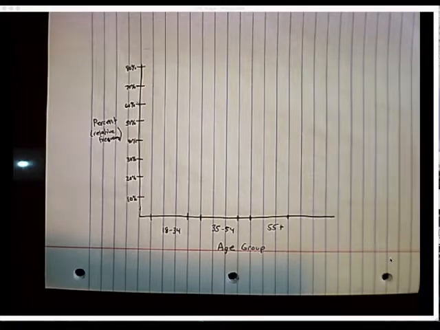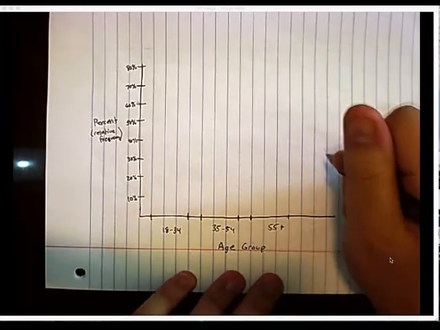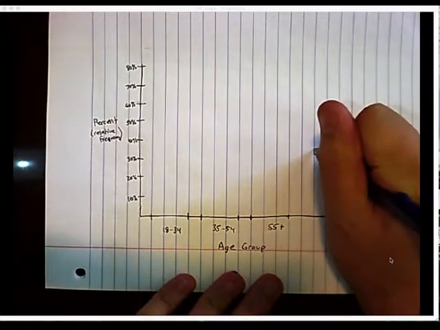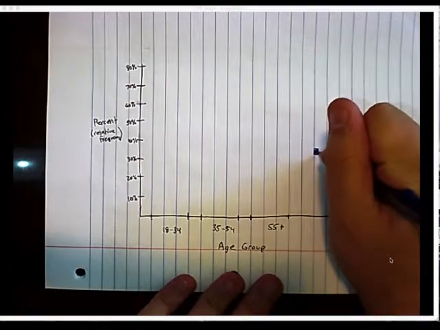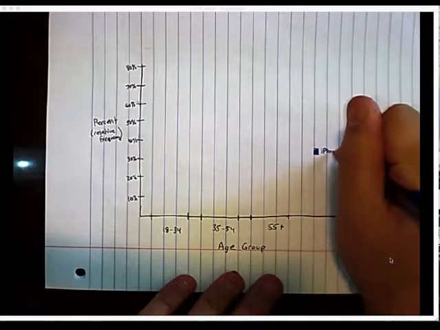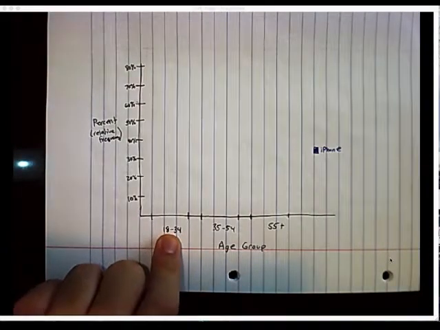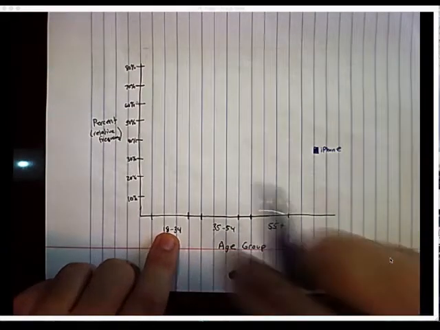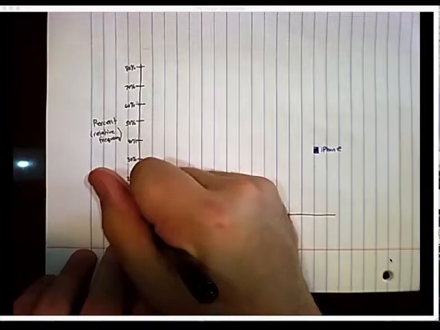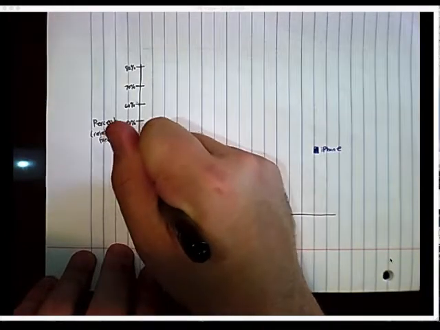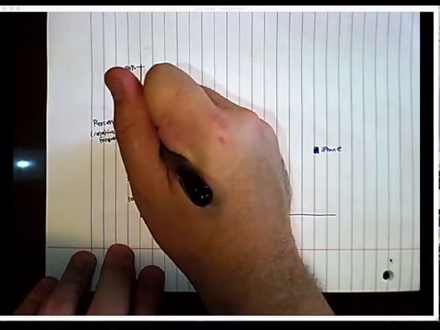Now, for each age group, I'm going to make 3 bars. And I'm going to give a little key over here. I'm going to do iPhone in blue. Of the 18 to 34 year olds, 32.69 are iPhone users. I'm just going to put additional little tick marks in here to help guide me a little bit more.